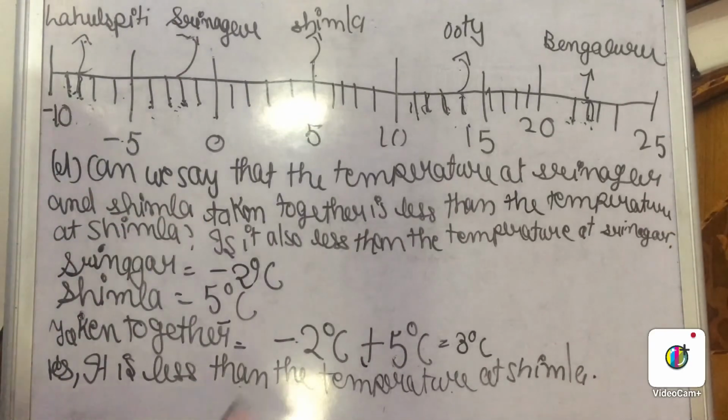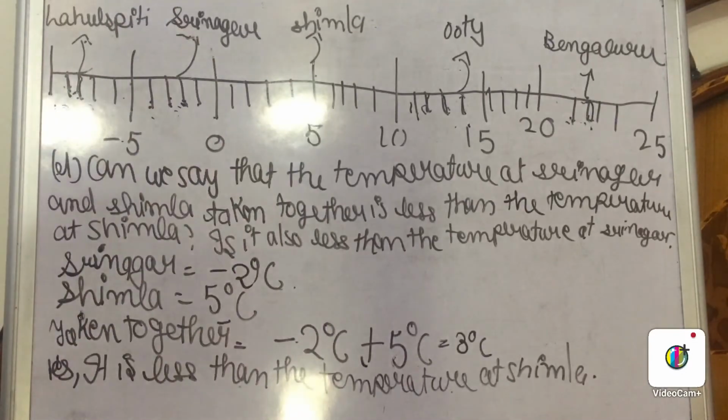Now the next one: is it also less than the temperature at Srinagar? What is the temperature of Srinagar? Minus 2 degrees Celsius, and here is 3 degrees Celsius. Obviously you know that minus 2 degrees Celsius is smaller than that. So the temperature of Srinagar is smaller than the temperature of Shimla and Srinagar taken together.